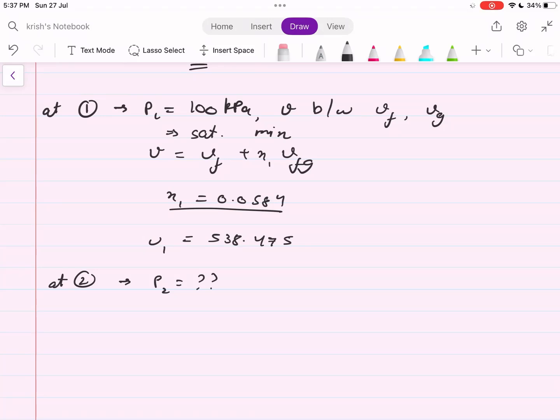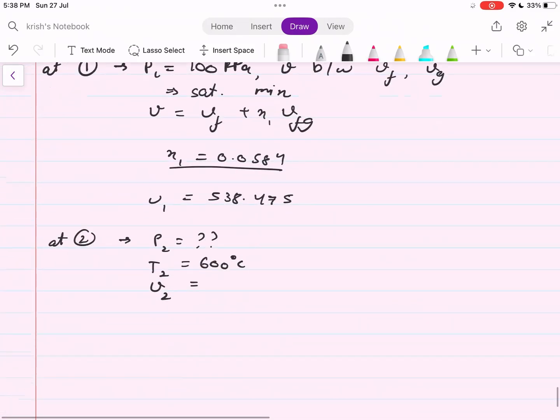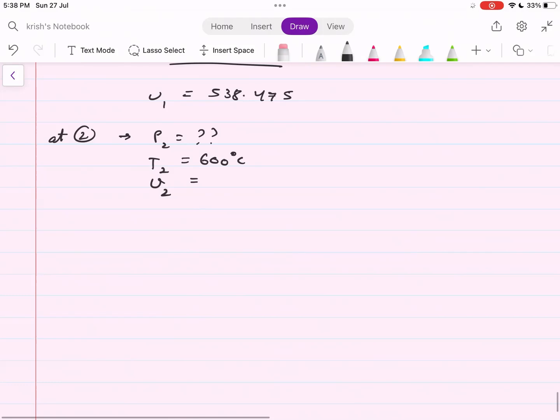At 2, our pressure is unknown because remember from 1 to 2 the pressure will not remain constant because there is a linear spring now, right? However, our temperature is known to us as 600 degrees Celsius and our specific volume is known to us as 0.8 by 2, that is 2 kg, right, by 0.2. So it will come out to be 0.4 meter cube per kg. So what we can do is find the pressure at this temperature and this specific volume.